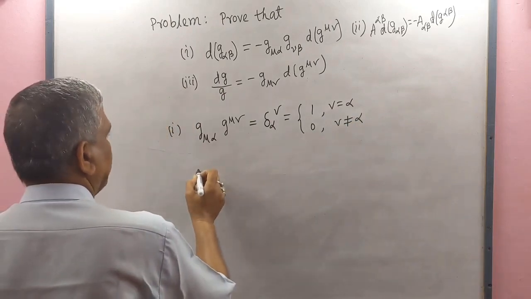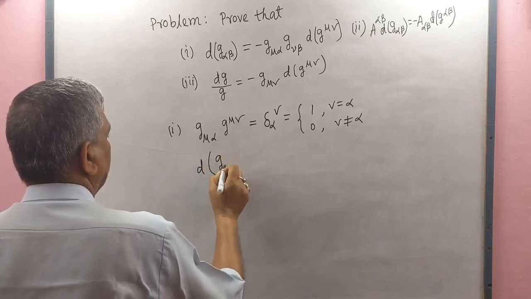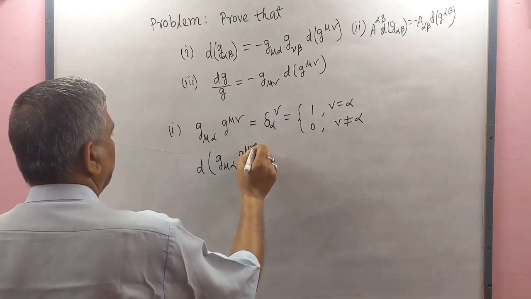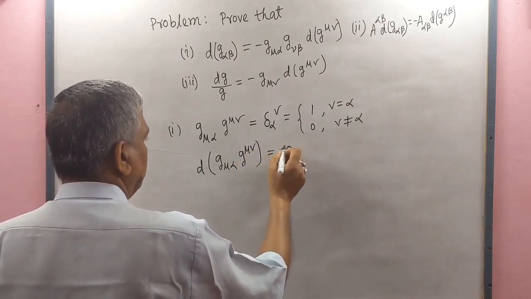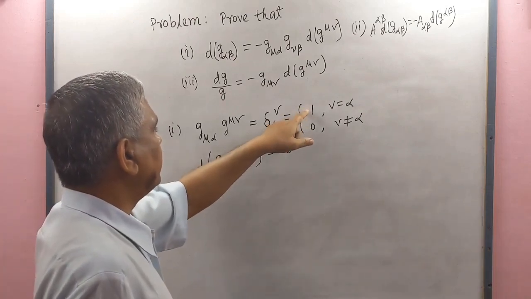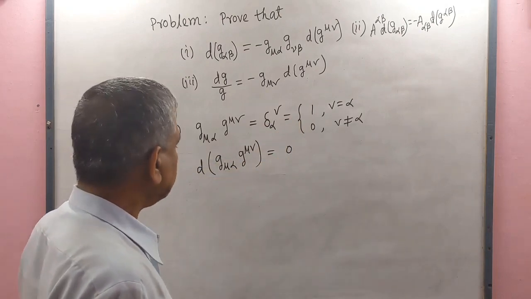Differentiating both sides, d of g mu alpha g mu nu equal to 0, as right side is 1 and 0, derivative of 1 and 0 is 0.